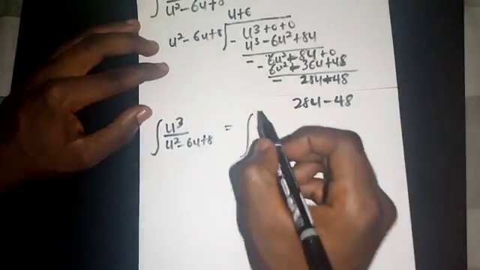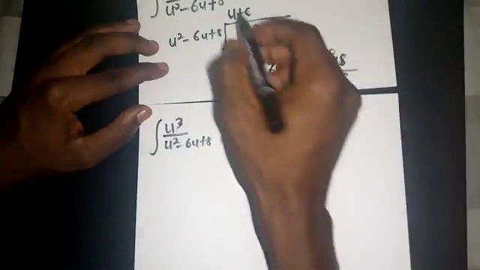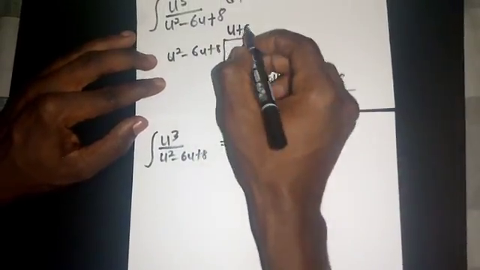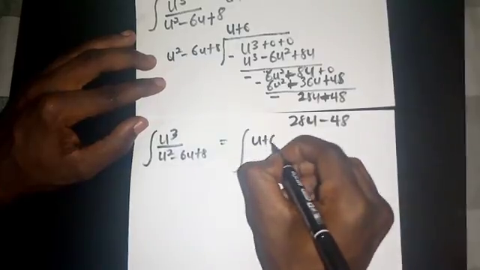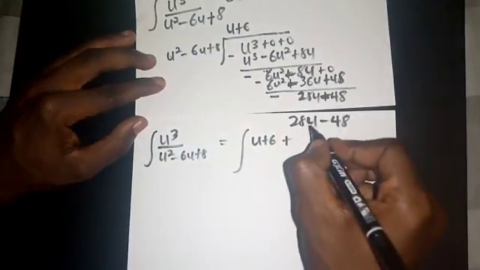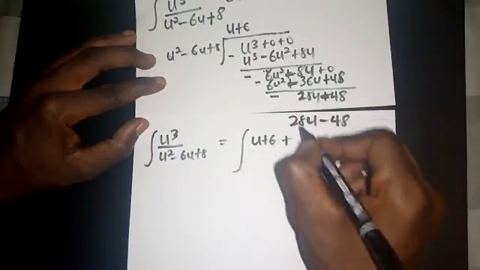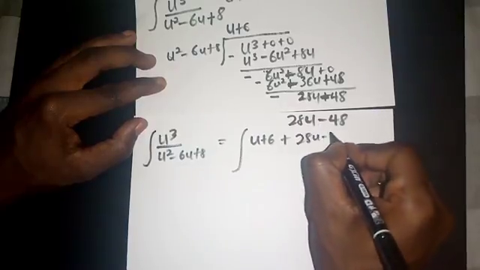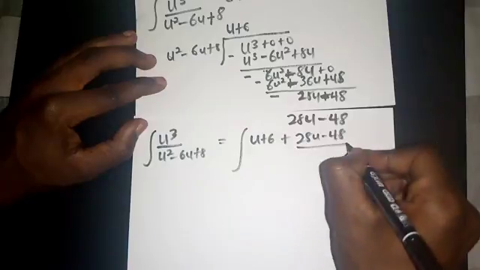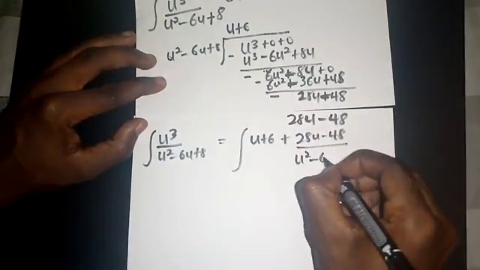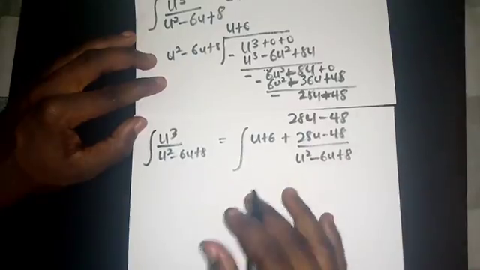So in writing a partial fraction, we have the remainder. The remainder is 28u minus 48, and it is divided by the divisor, which is u squared minus 6u plus 8.